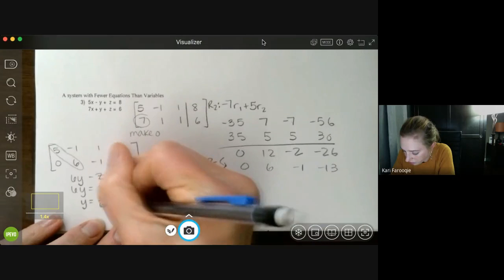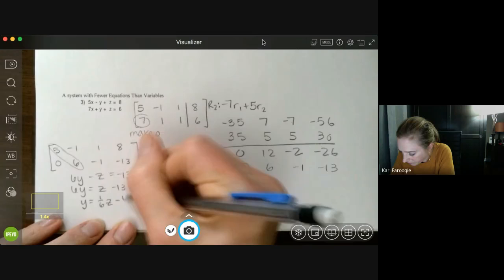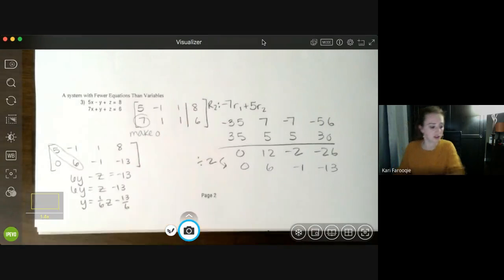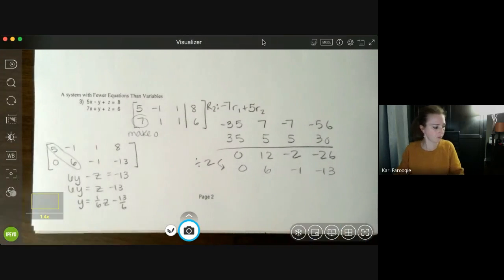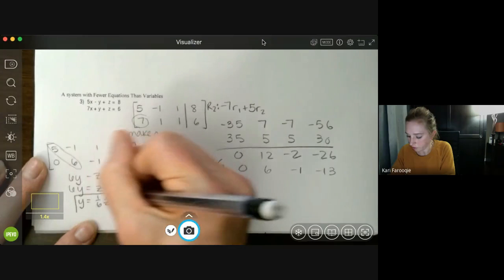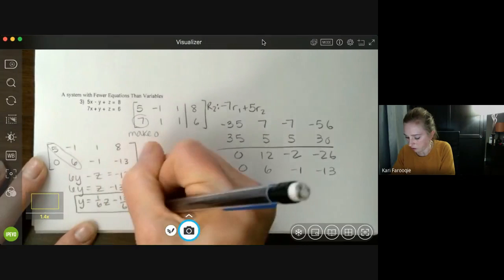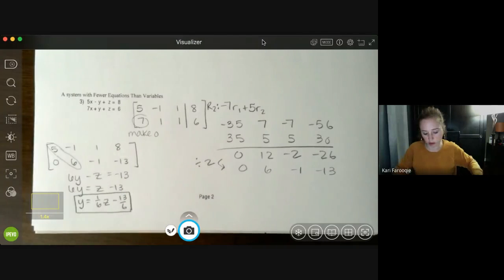When you do that, you'll get 1/6 z minus 13/6. And then you'll do the same for x. I'm going to just put a box around this because I'm going to use it in my final solution. But I'm just holding on to it for right now so I don't lose track of where it went.